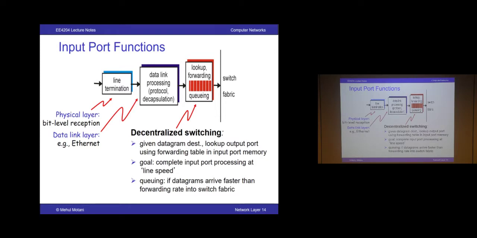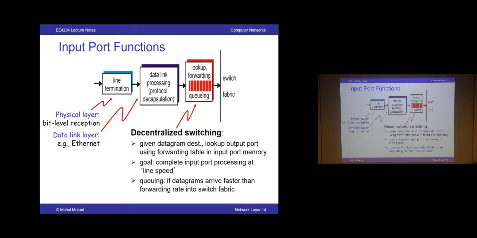You're doing medium access control. All that is done as part of the input port, and then there's a buffer that all the packets queue up in. So that's the third block there. While packets are waiting to be forwarded to the correct output port, they wait in a queue. So that's very important. There's input port buffering.